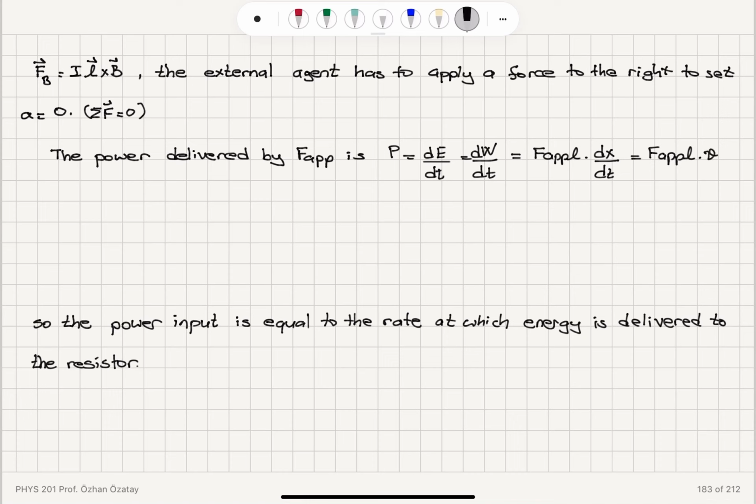The applied force must be balancing the magnetic force ILB, so the power is I B L times v.